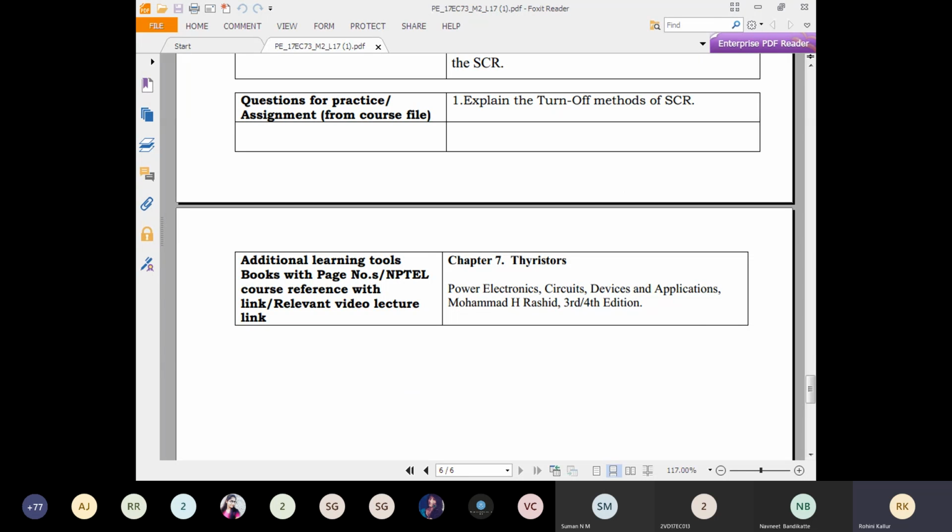Any doubts so far? You will be referring to this particular text chapter for the external materials. Any doubts now? No, ma'am. One second.